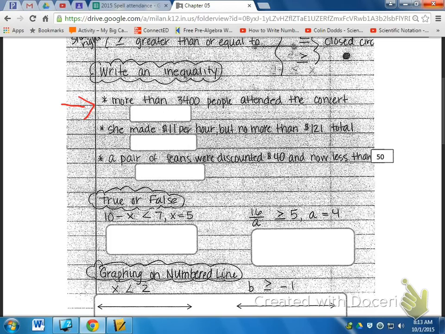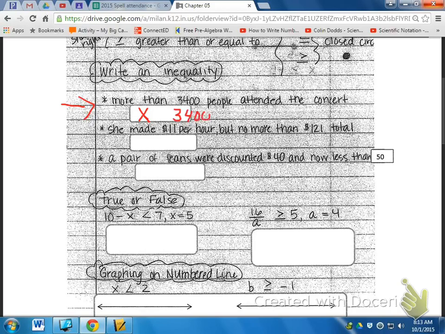Well, we'll have to figure out the sign from the words. But when we say something like that, more than 3,400 people attended the concert, we don't know specifically how many what? People. So pick a variable for people. X. Okay. So we're going to say X, and it's more than 3,400.